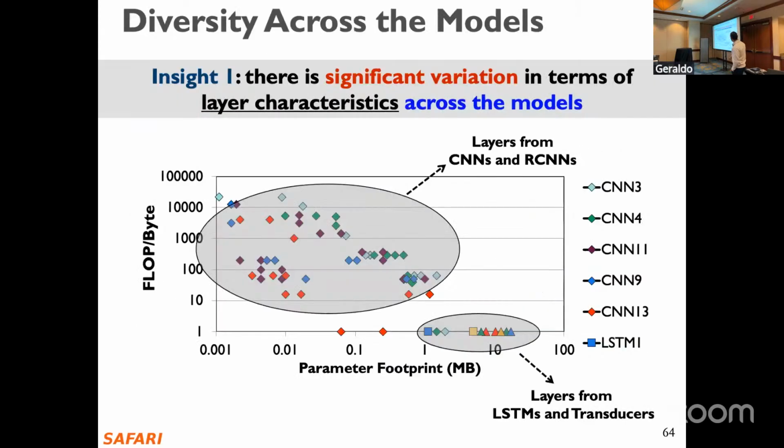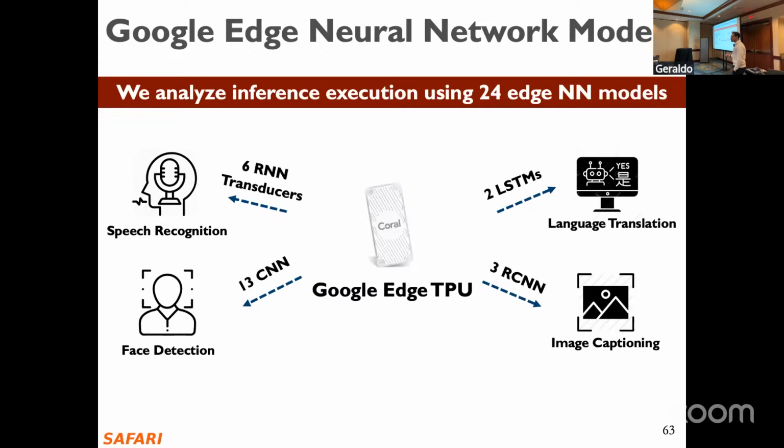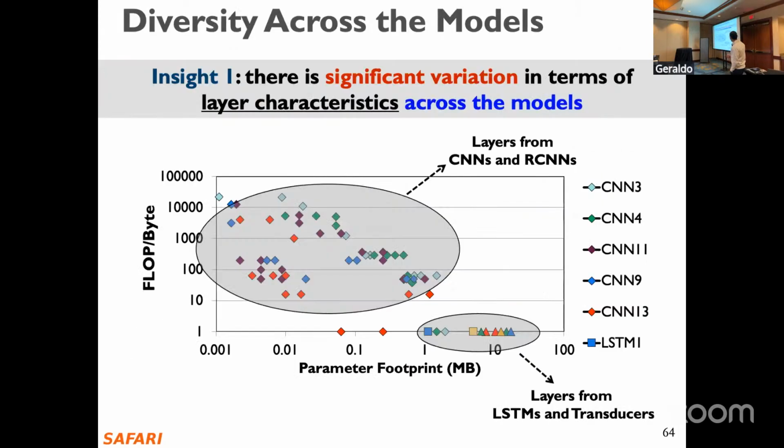And basically what we saw is that the layers of those models could be divided into two different categories: memory-centric or processor-centric, or data-centric layers. So here is just some profiling that we did. For example, these are some layers of CNNs and LSTMs, and these are two metrics, parameter footprint and reuse in FLOPs per byte.